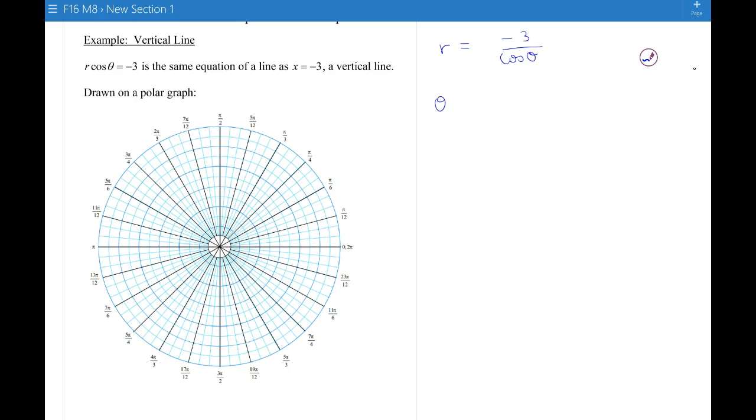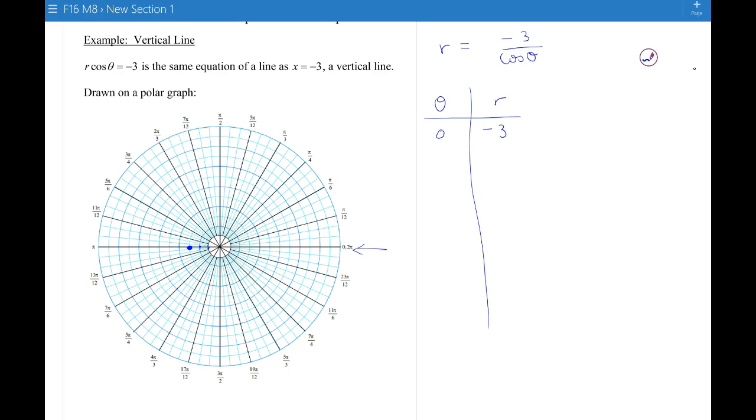So we can pick values of theta and calculate values of r. So now when theta is 0, cosine of 0 is 1, so we get that r is -3. So at angle 0, I go backwards through the pole, 1, 2, 3, to get a point that's on my line.